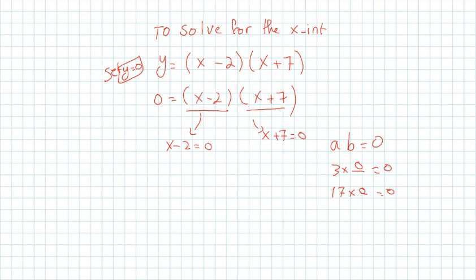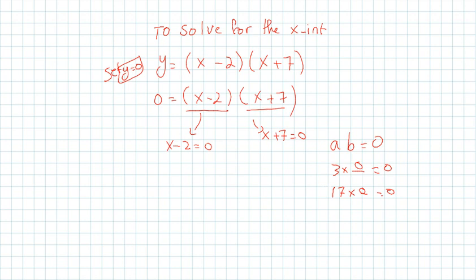For this to happen, either a has to equal 0 or b has to equal 0. Right? Do we all get that though? Okay. So in this case, I have to go back here and set each factor, each bracket, equal to 0.